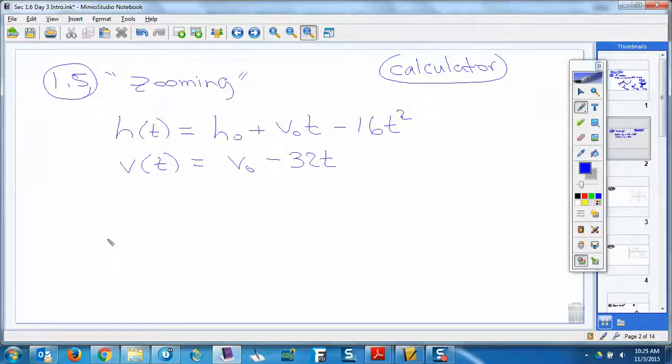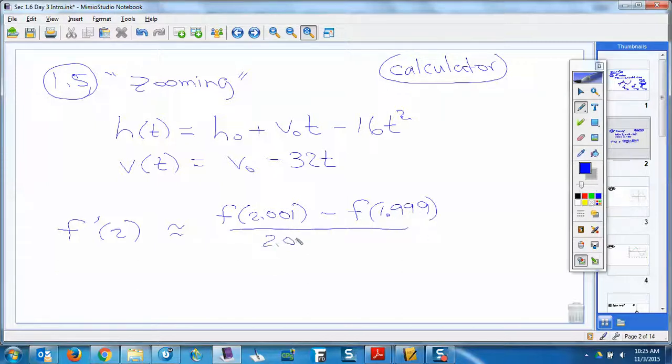This is also where we did some stuff like if we were going to do f prime of 2, then we could approximate that by doing f of 2.001 minus f of 1.999. Maybe that would be the zooming. That's what I mean by zooming. I'm not going to do the window.